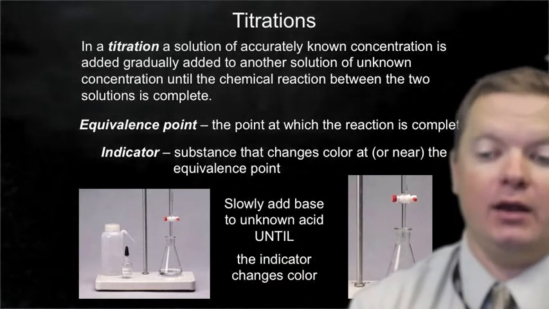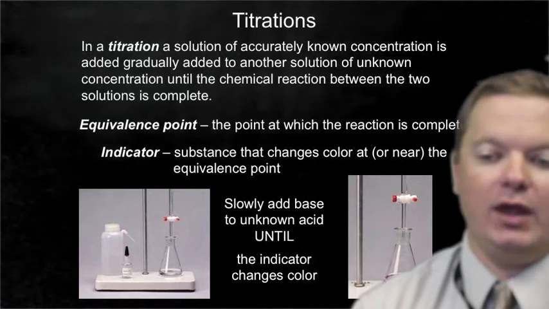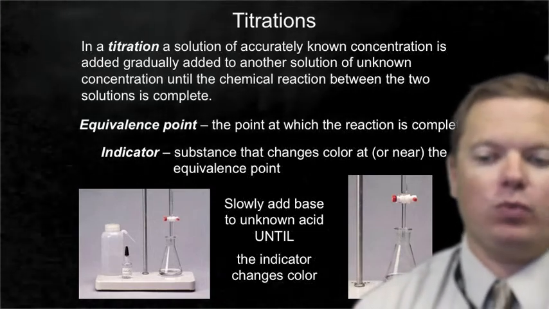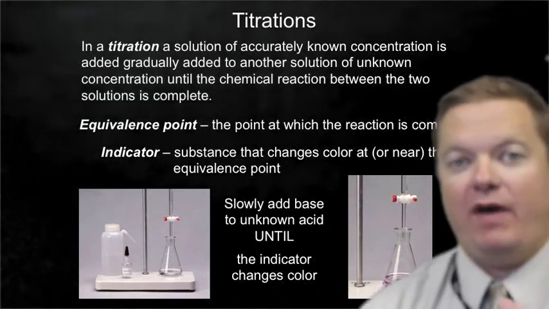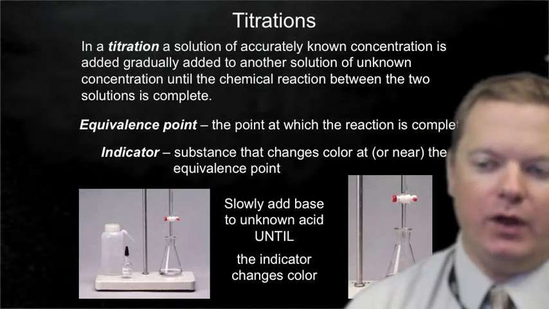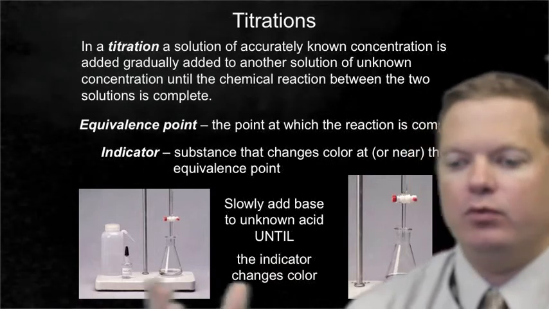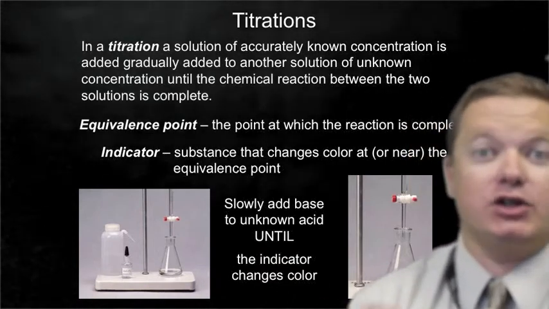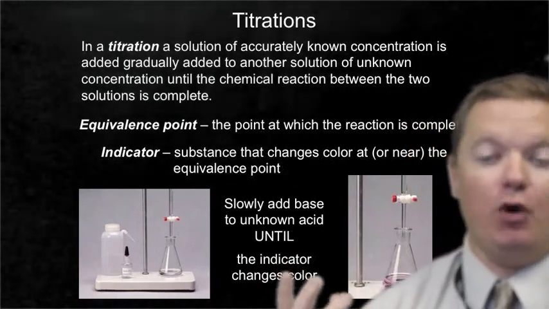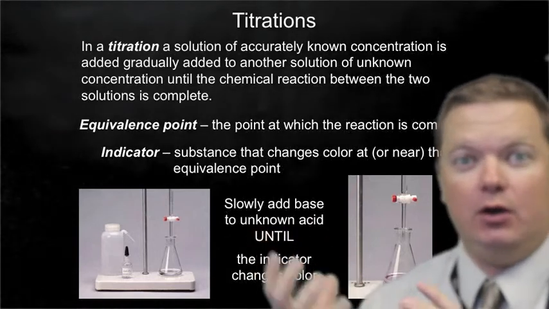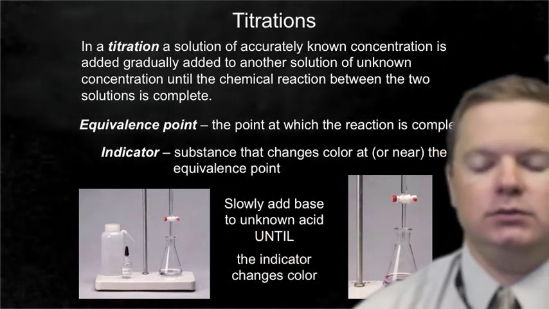We can keep adding this known concentration until we get a complete reaction. When the reaction is complete, we've added as many moles of the known as we have of the unknown. That is what we call the equivalence point. The reaction itself is complete. We've converted both of those starting materials to products.